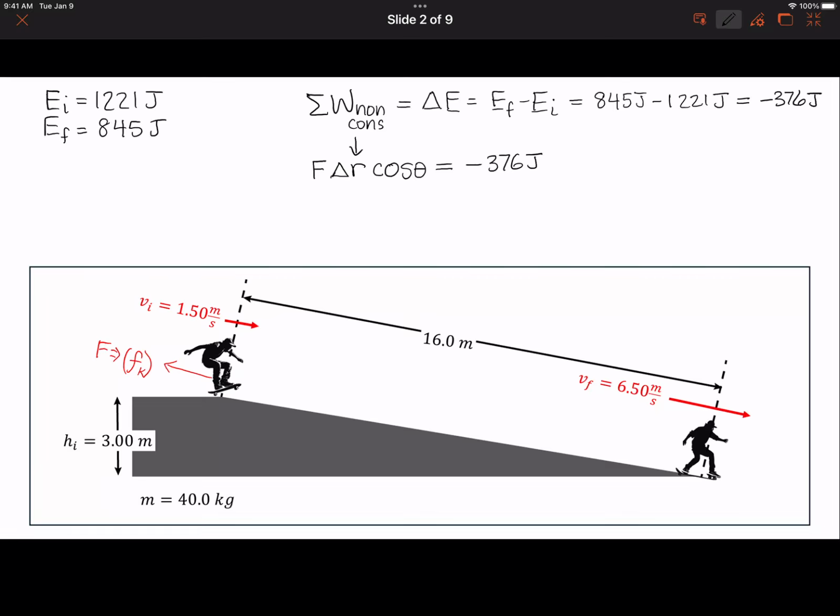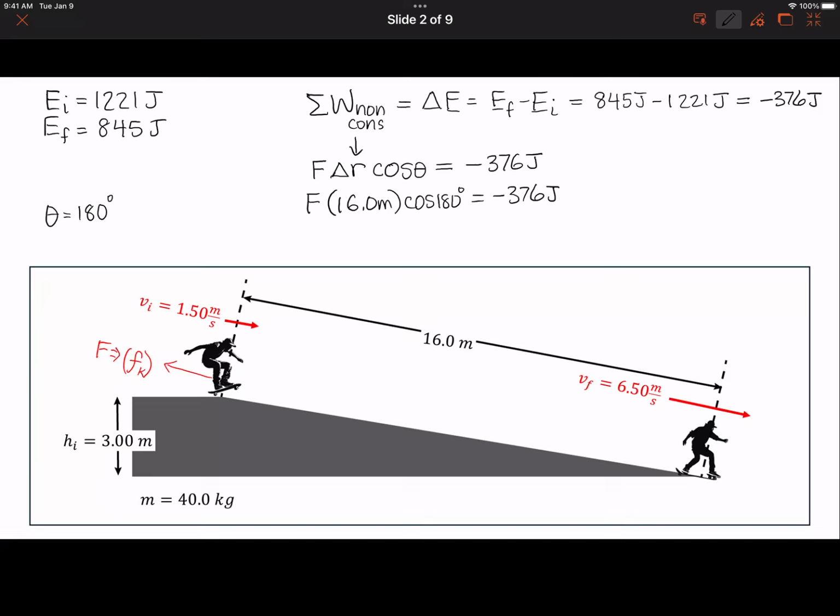So because the energy is decreasing and because they told us the force was parallel to, or anti-parallel to the motion, we know that the angle here is 180 degrees because it's losing energy and the force must be opposite the motion. So we're trying to find this force. The displacement down the incline where the force acts is 16 meters, and then cosine of 180 is going to just be -1.